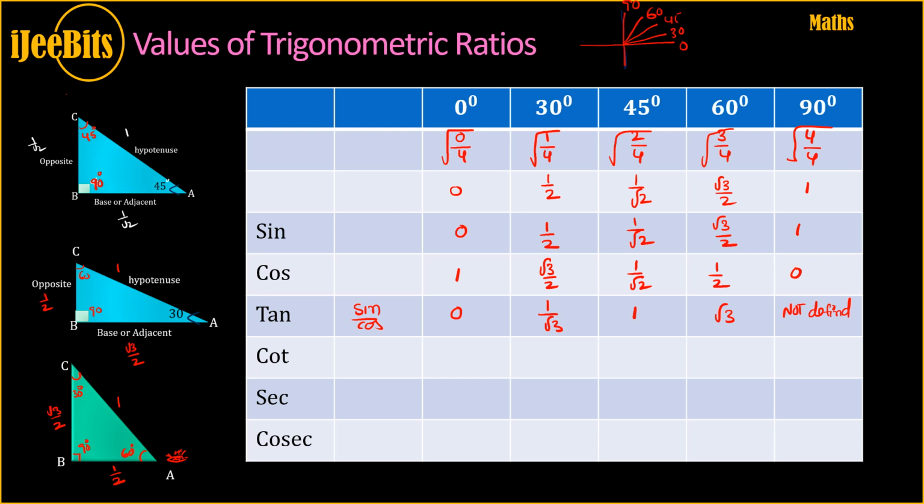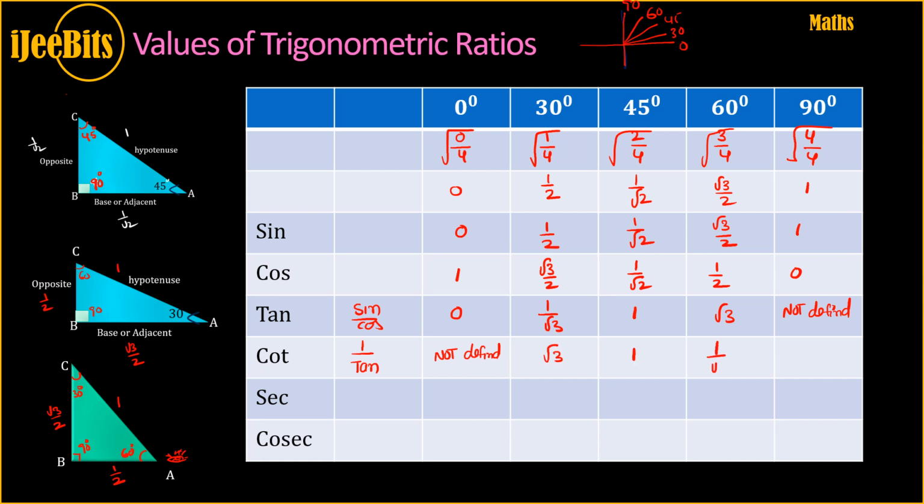Similarly, cot means the reciprocal of tan, right? 1 by tan. So for 0, 1 by 0 means infinite, so this is also not defined. The reciprocal of 1 by root 3 is root 3. 1 means 1.